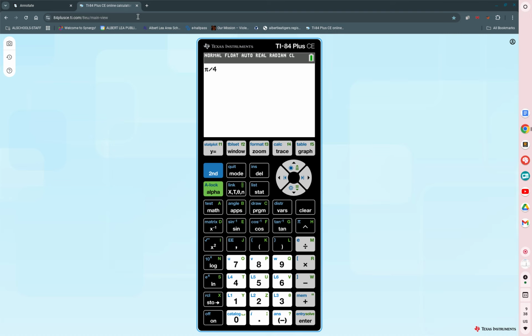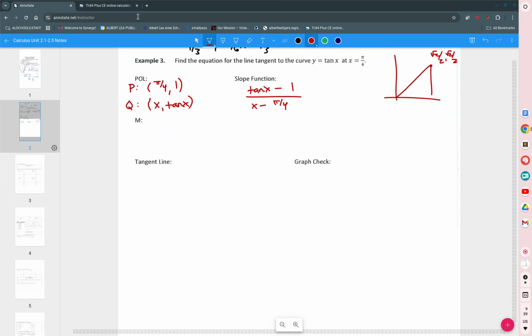Pi divided by 4 is 0.785398. So that's the value that I'm going to approach, the limit as x goes to pi over 4. Okay? So I want to get close to that value.